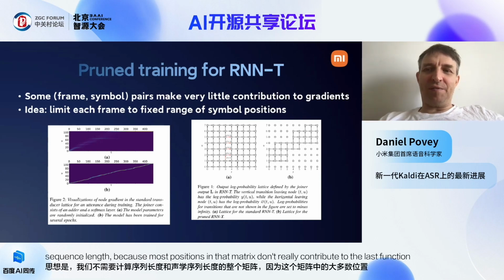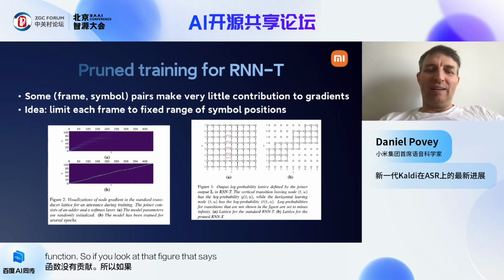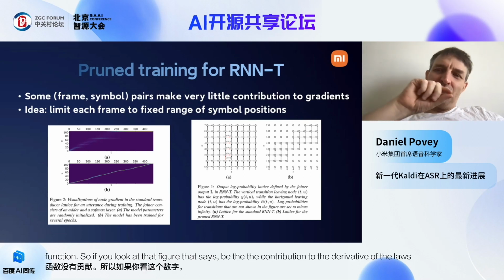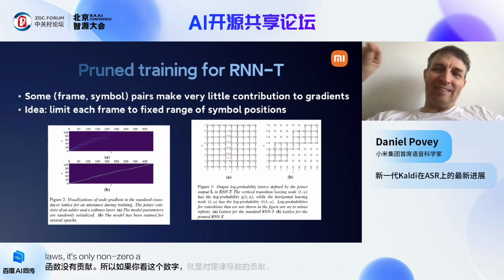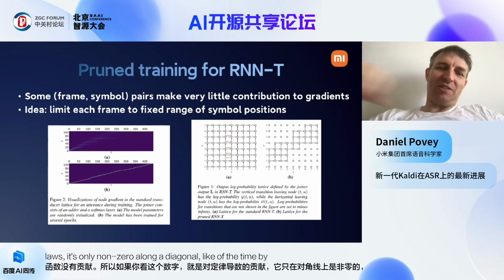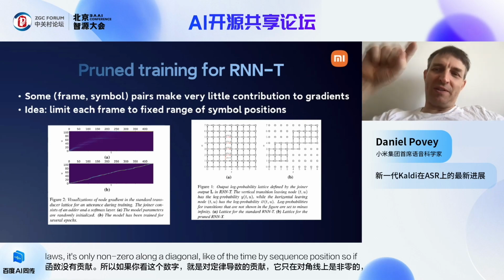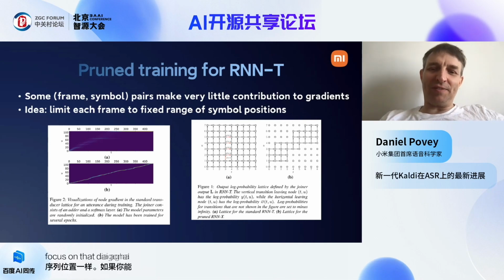So if you look at that figure that says B, the contribution to the derivative or to the loss is only non-zero along a diagonal, like of the time by sequence position. So if you can just focus on that diagonal, you can make it much faster.